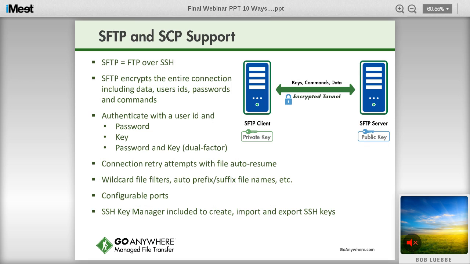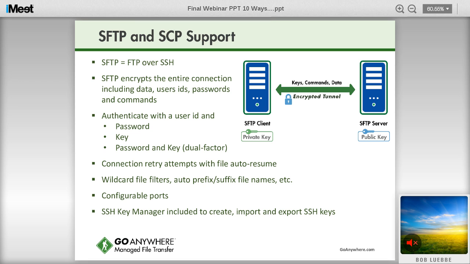Each group of projects can be placed into different folders, so you can organize those by customer or department and so on. A lot of folks need to do SFTP, so I want to make sure you understand all the SFTP capabilities that GoAnywhere has. As I mentioned, you can use keys to authenticate your SFTP connections, as well as user IDs and passwords. We do, again, support auto-resume. You can do wildcards, so if you need to pull multiple files.